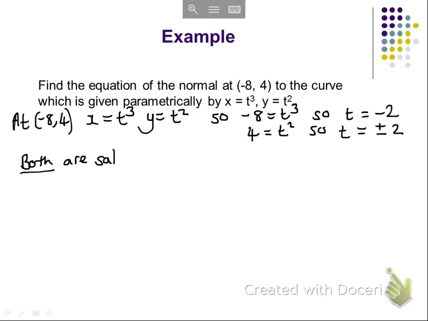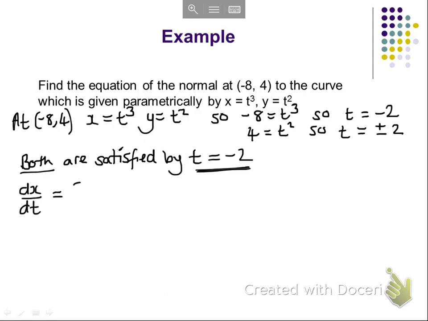Then both our parametric equations are satisfied by t equals minus 2. So this is the value that we're going to use. Now differentiating with respect to t, we'll get dx by dt equals 3t squared and dy by dt will equal 2t.